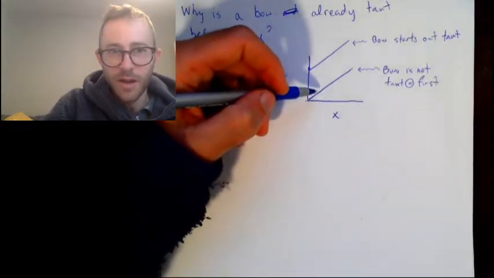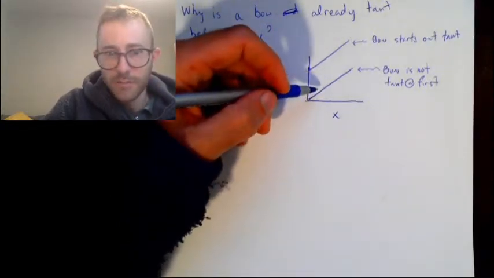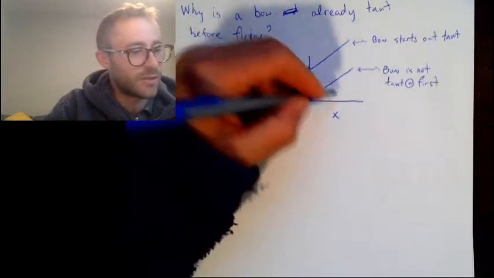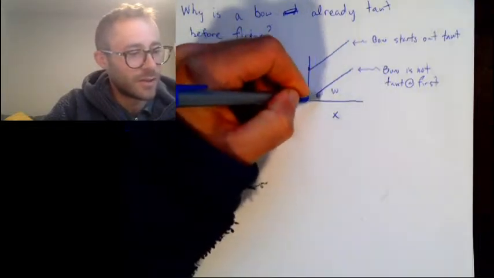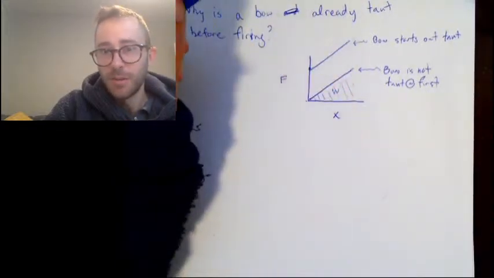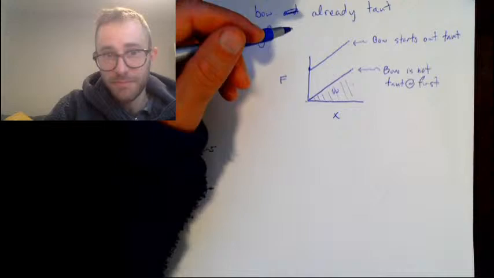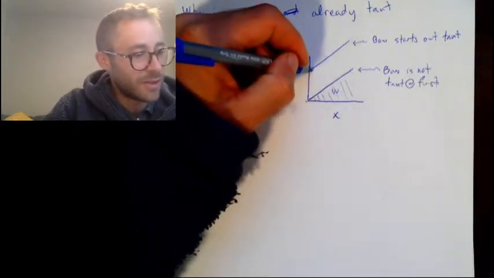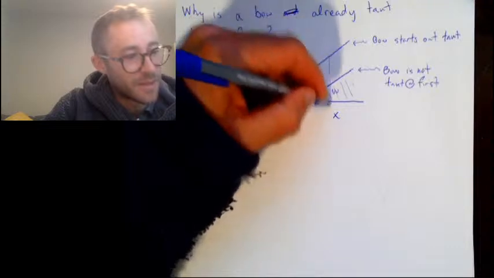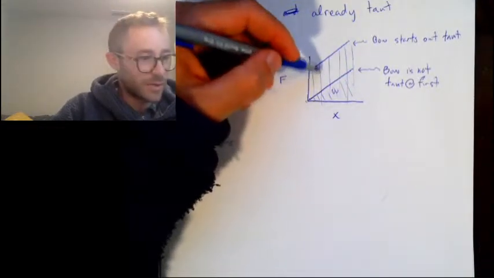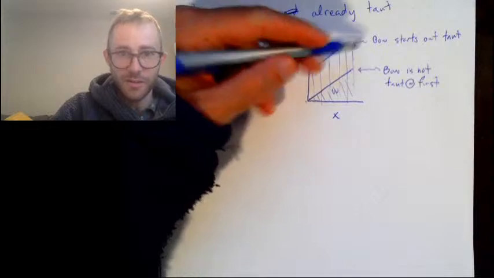Well, if we think about it, how much work is done on the bow in this case? In this case, the amount of work done is simply that amount right there. But if the bow starts out taut, then the amount of work done is actually all of this. So we can see that there's a huge difference in the amount of work done because we have all of this extra area up here.